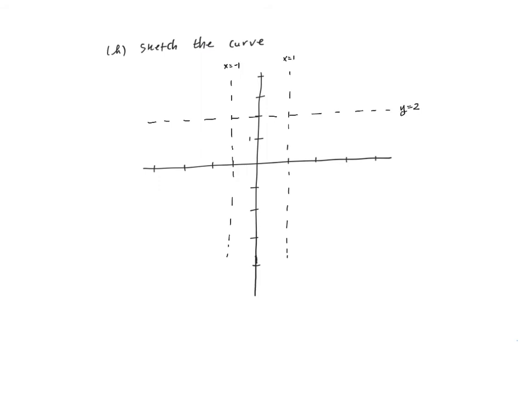There is a single intercept, 0, 0, which also happens to be a maximum. And we saw that as we approach 1 from the left, our graph is going to approach minus infinity. And as we approach 1 from the right, our graph is going to approach positive infinity.